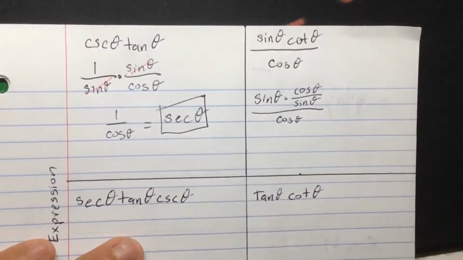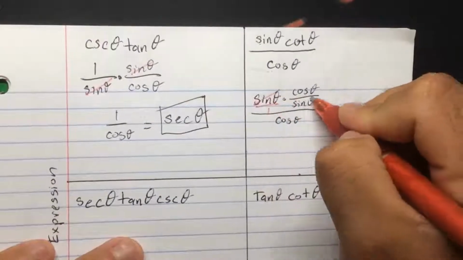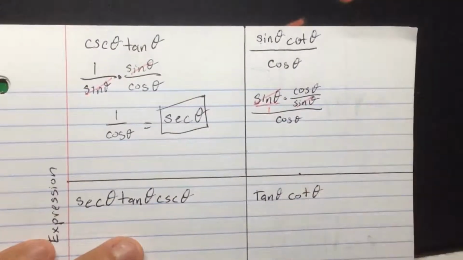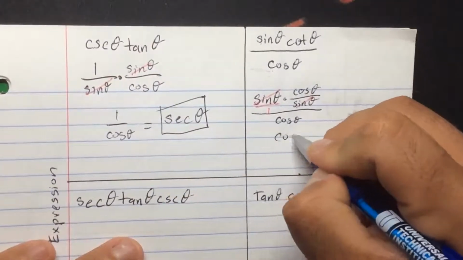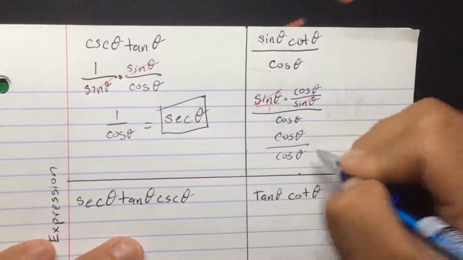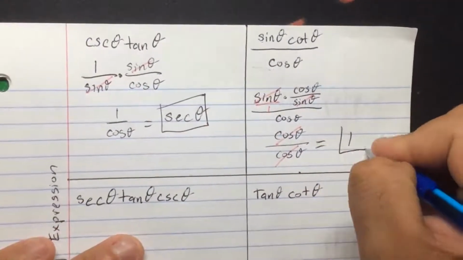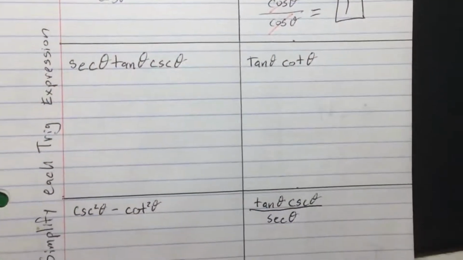Right away we can see that this is going to be over 1, so we can divide these to 1, leaving us just with cosine theta over cosine theta. So we have leftover cosine theta on top over cosine theta. And once again, we can see these divide to 1, giving us just 1. Simplest form.